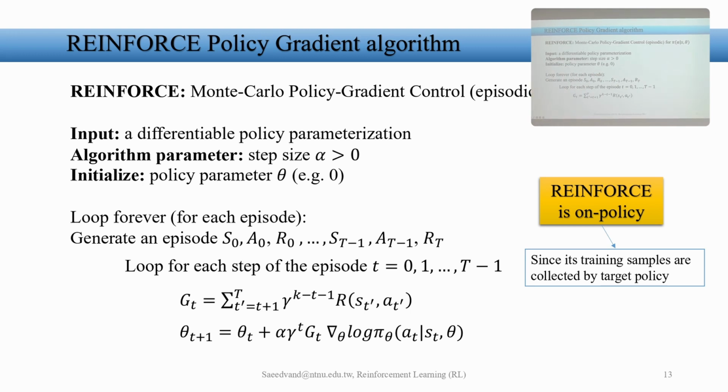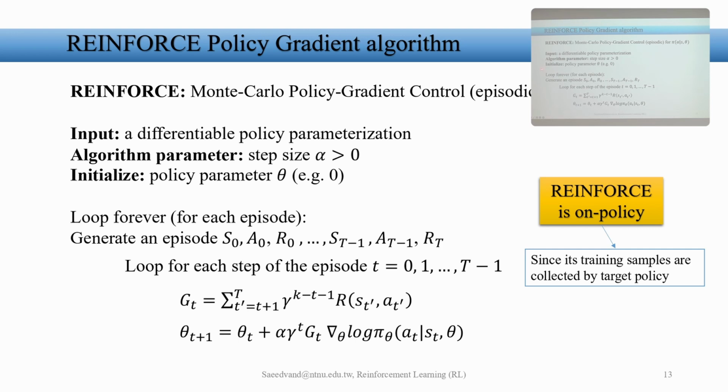Then what do we do? First of all, we calculate the return. G_t is the sum of the discounted rewards, exactly the same term that I showed you. Then we have the update of parameters, theta t plus 1 equals the same parameter again, to update the theta parameter. After understanding the math and the background, you see the algorithm is pretty simple.